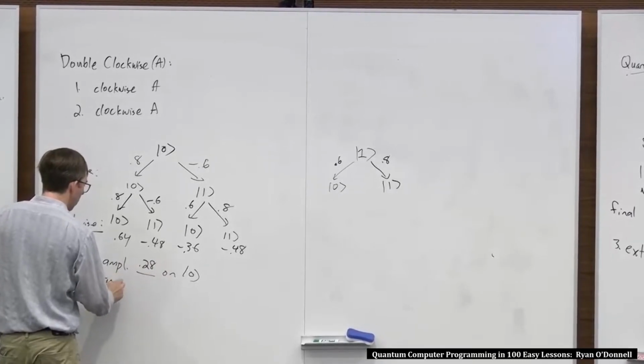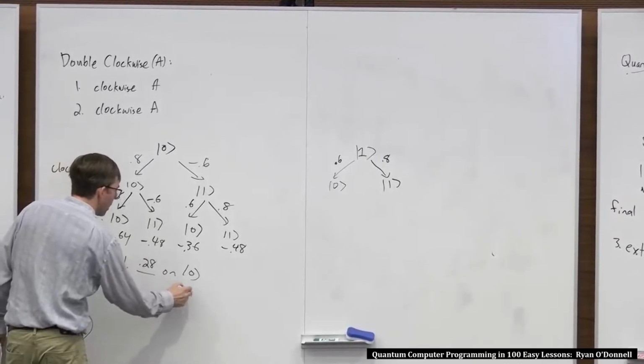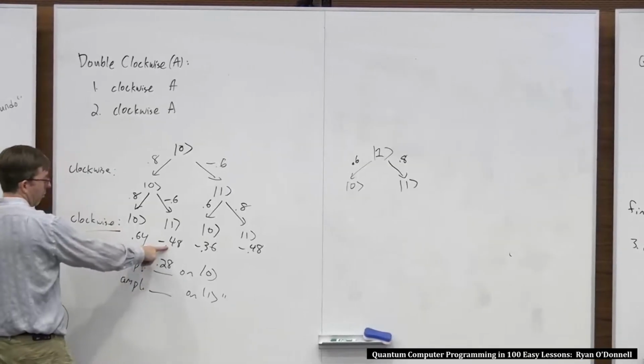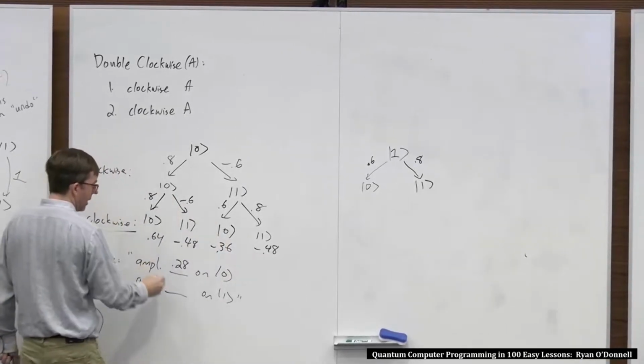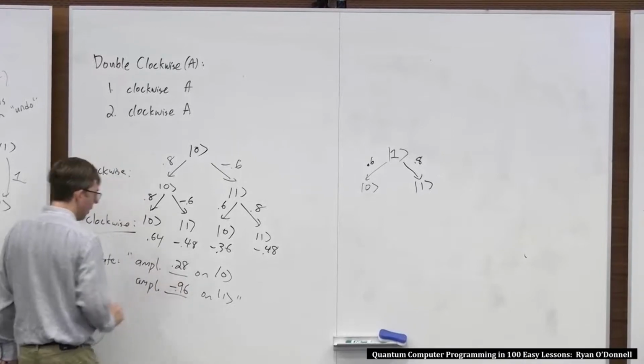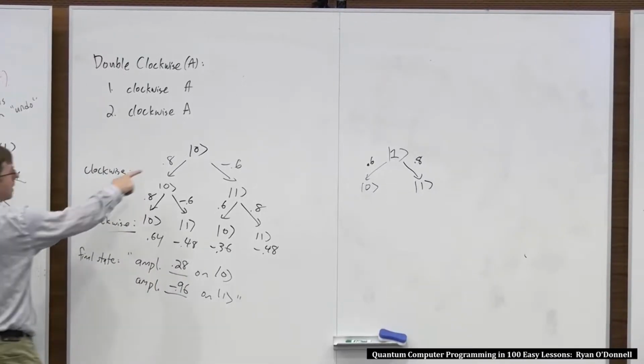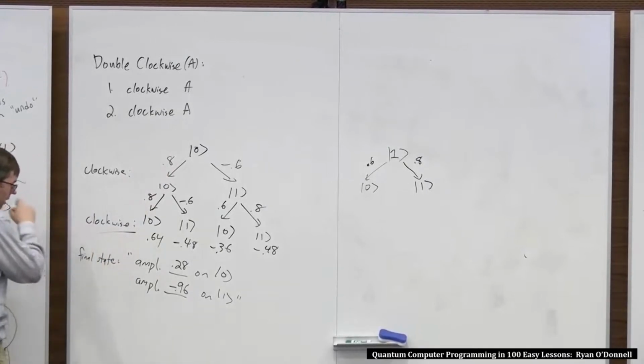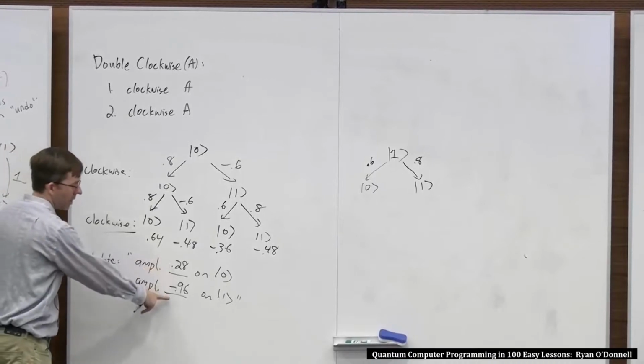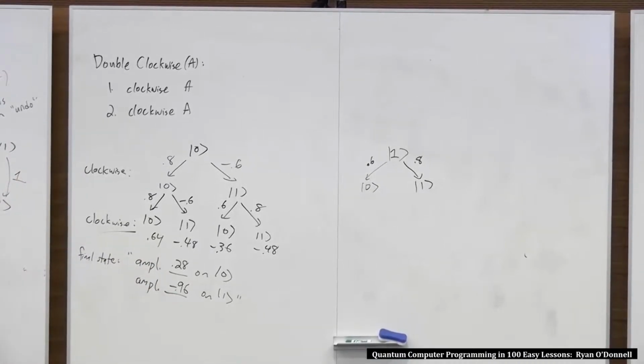And we get to 1 with amplitude negative 0.48 and another negative 0.48, that's negative 0.96. So double clockwise, when applied to 0, gets you to this state. I encourage you to check on your calculator that this number squared plus this number squared equals 1.